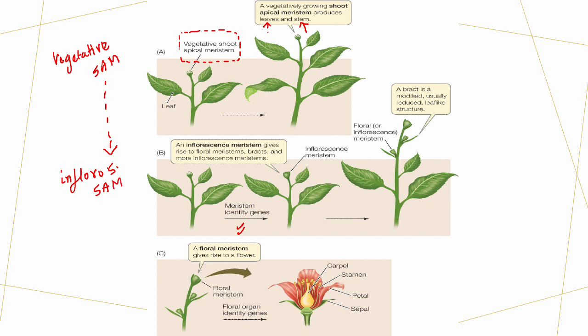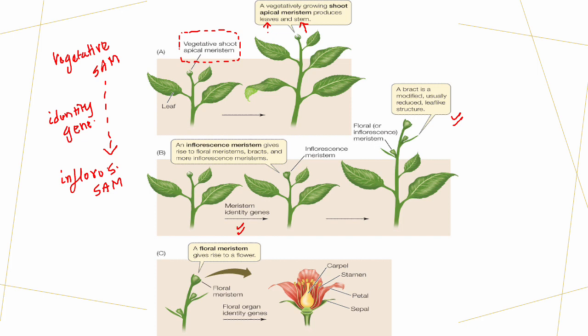And this switch is mainly because of the meristem identity genes, as clearly written in this figure, right? I hope that makes sense to everyone. So meristem identity genes are responsible for this switch. From the inflorescence meristem, again meristem identity genes will result in the floral meristem or floral SAM, and finally a flower will be developed. So a floral meristem is finally going to give rise to the flower.